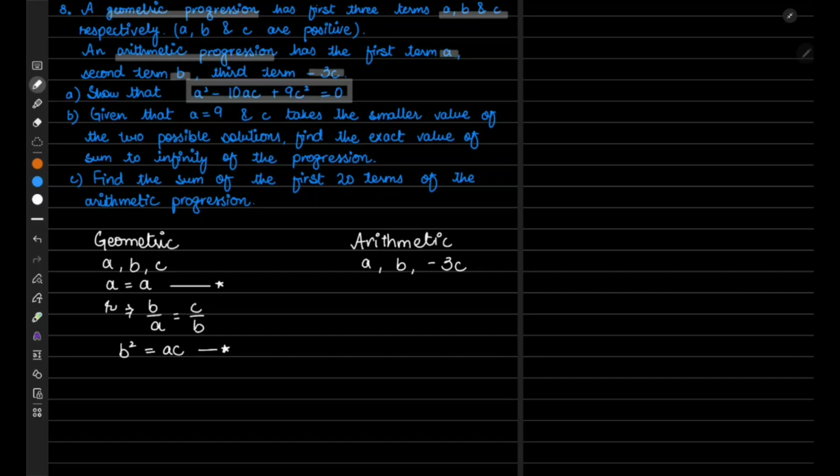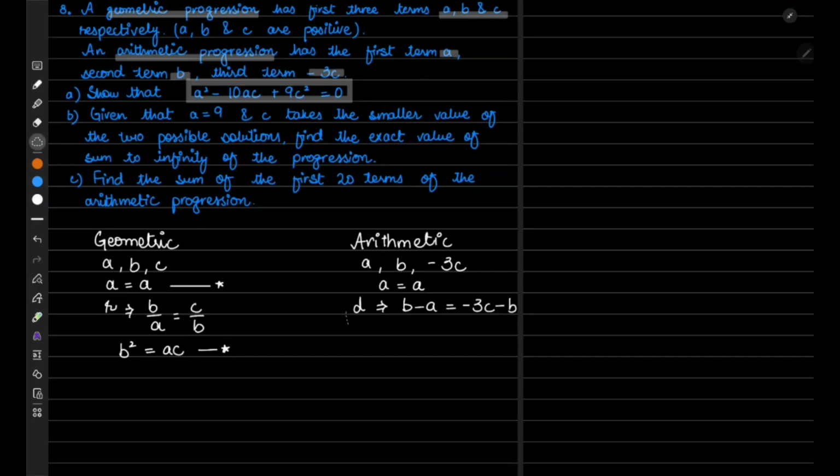Okay, then in arithmetic first term is the same A, and here is the common difference. What is common difference? The difference between two consecutive numbers would be the same. So I can write that second term minus first term will be equal to third term minus second term.